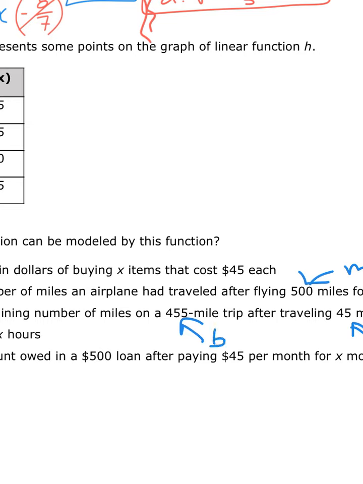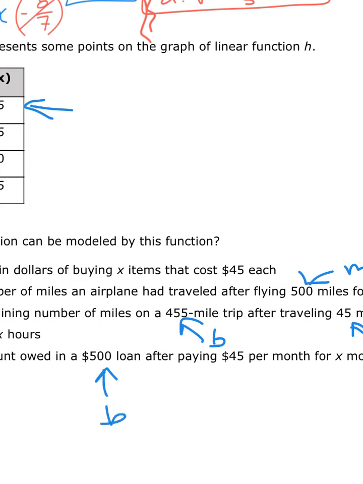So that's my b value. Can that be true? Exactly, because our 1 has 455, right? So can C be a possible answer? No. Good eye.